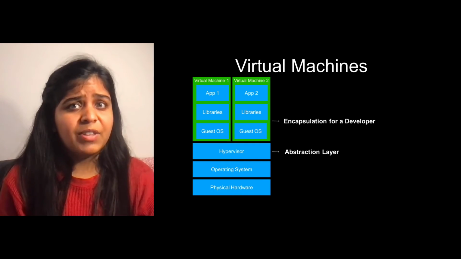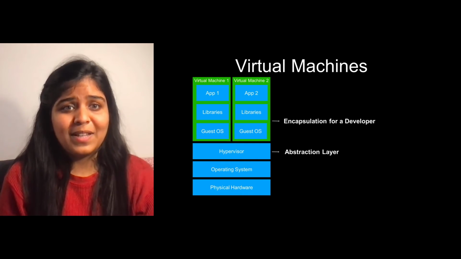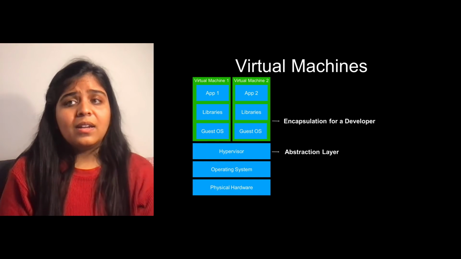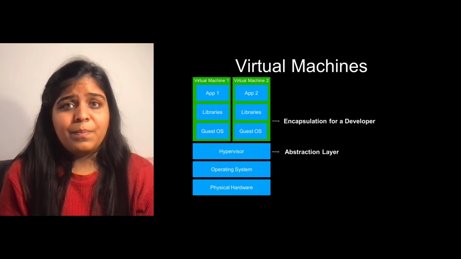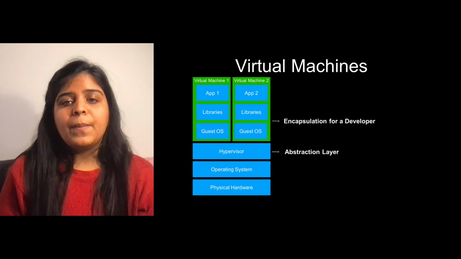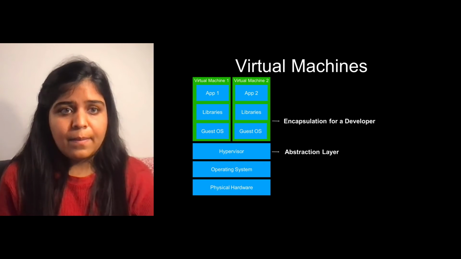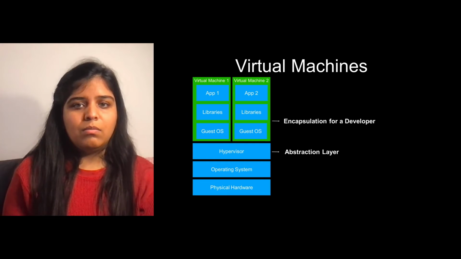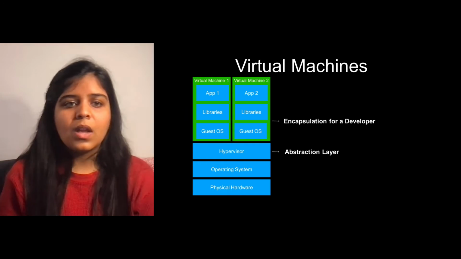Why did we have the guest operating system in the first place? We should have probably skipped it, right? And plus, the additional issue of buying more hardware still exists, because if you want to launch more VMs, virtual machines, you would still want to have more physical resources.